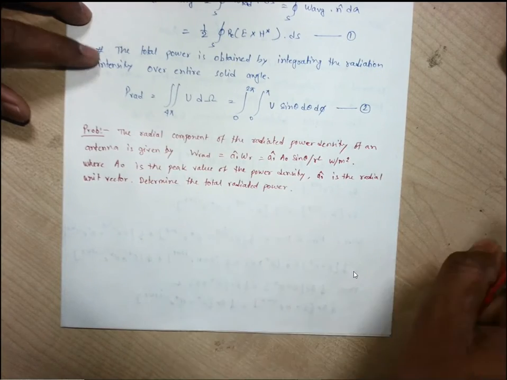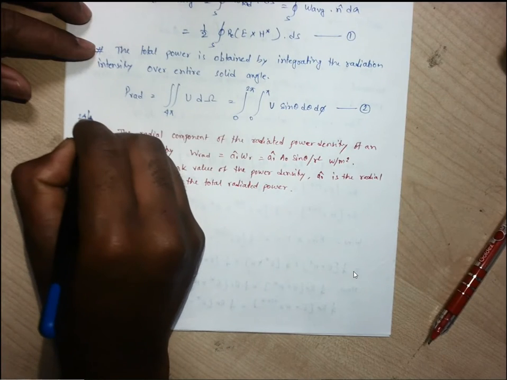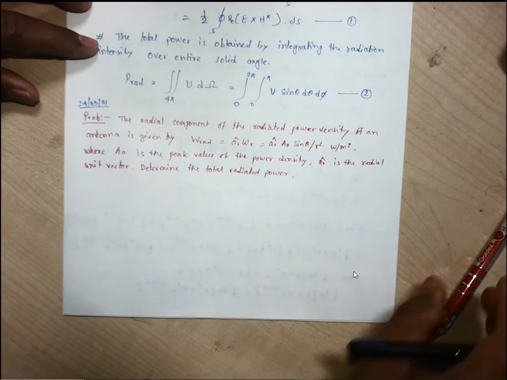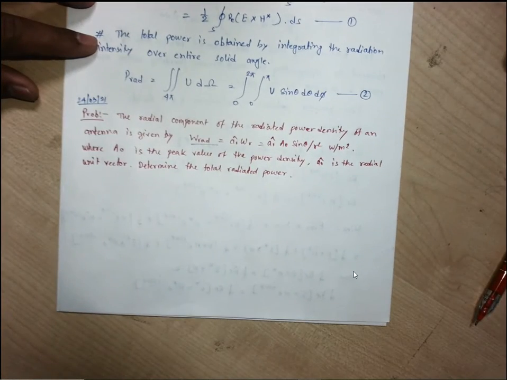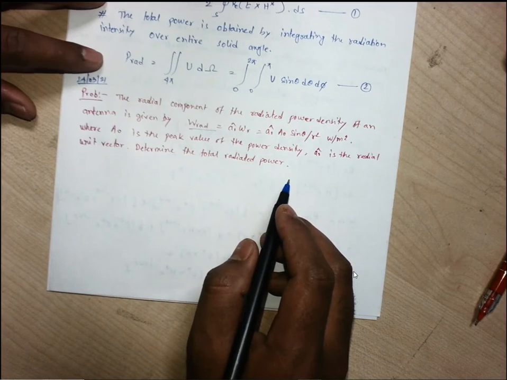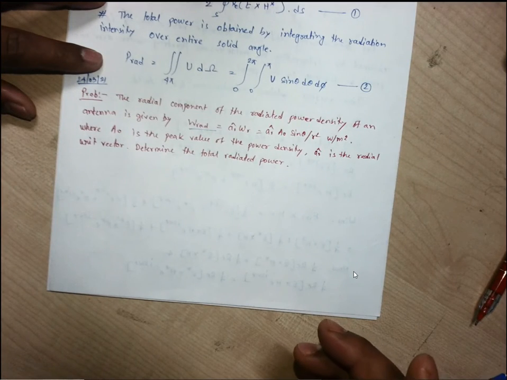Radiated power. Okay, so I'm just putting the date. Today is 24/03/20. So this radiation power density is given. From this we need to find the total radiated power. So obviously we need to integrate this radial component of the power density over its surface.